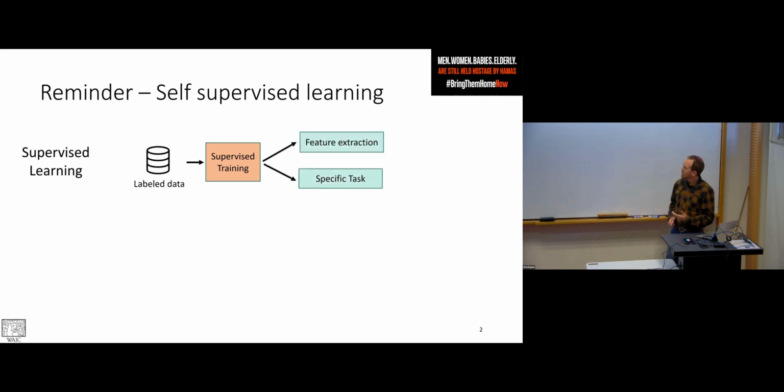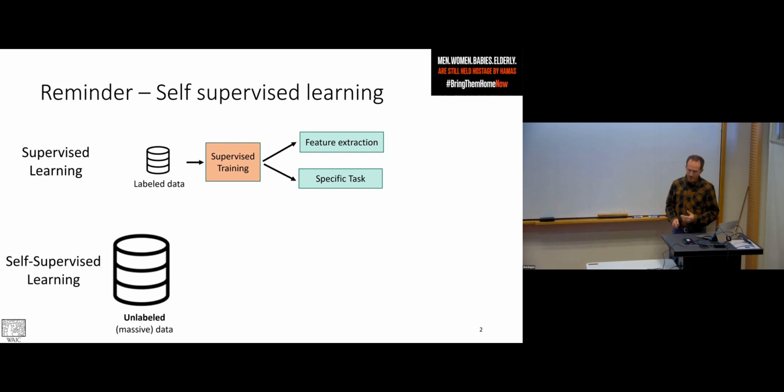And we get both features and a classifier, or a head, for a specific task that the data was labeled for. And the knowledge for the features and for completing the task came from the labels in the data. This is where the knowledge for the model came from.